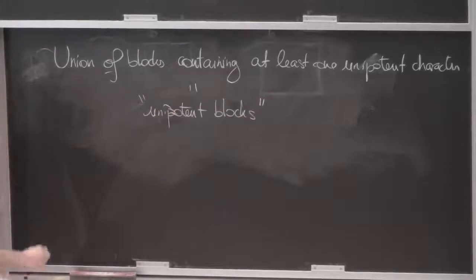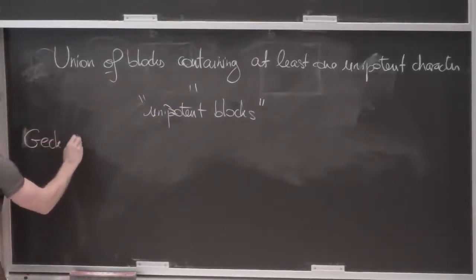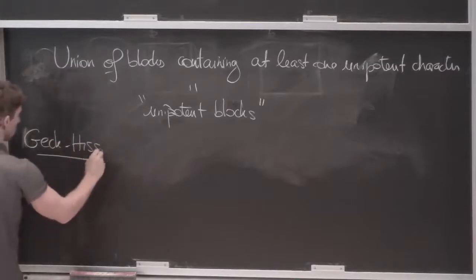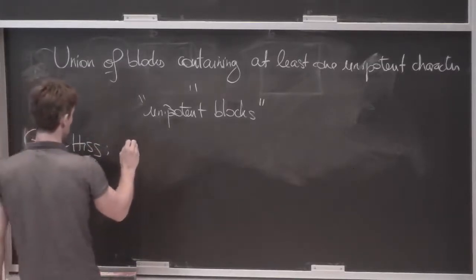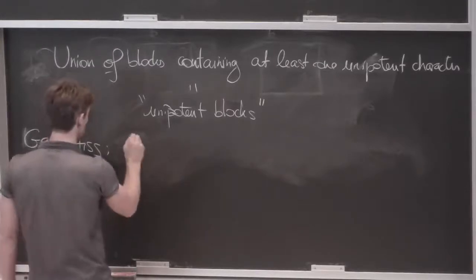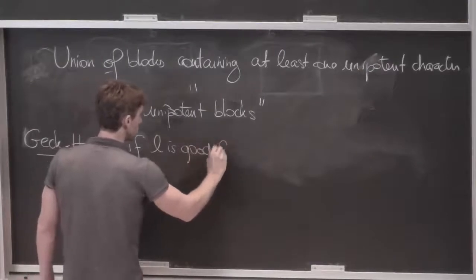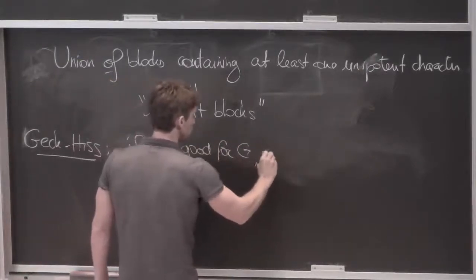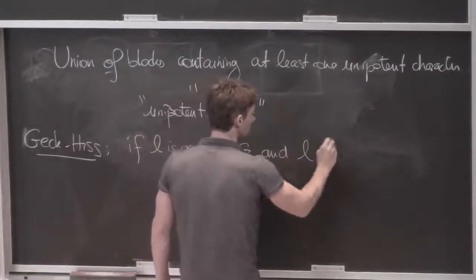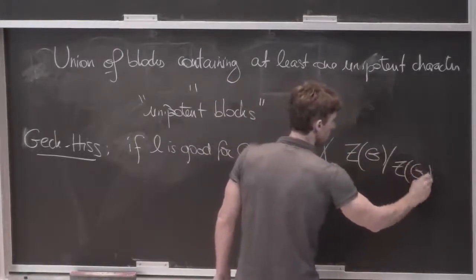In that case, there is a result of Geck and Hiss, that the unipotent characters, so you have to assume that l is not too small. So if l is good for G and does not divide the order of the component group of the center.